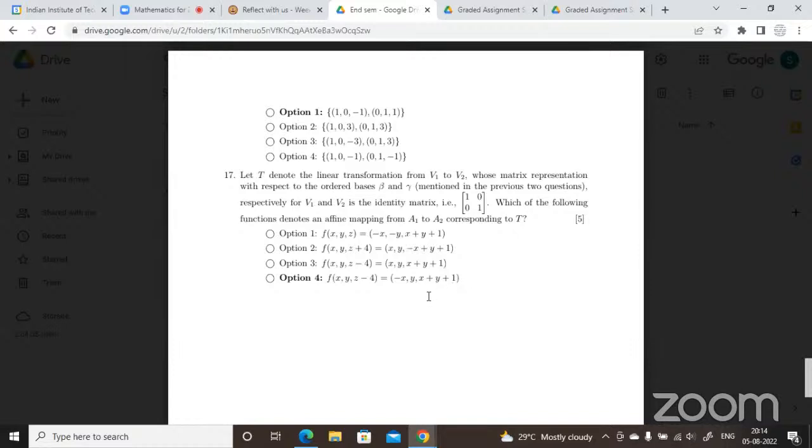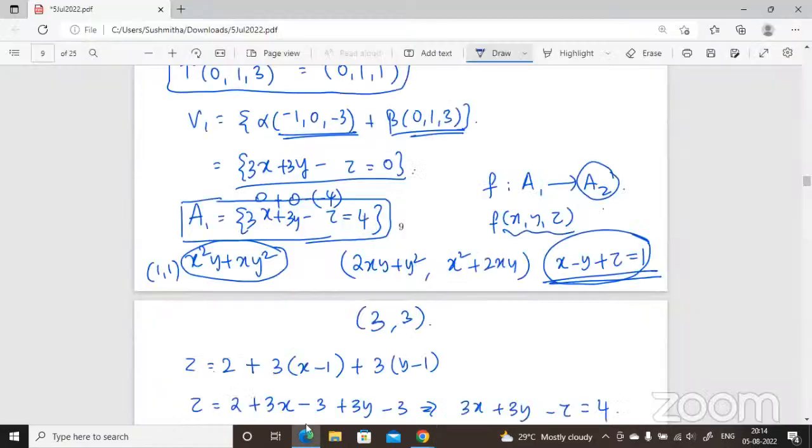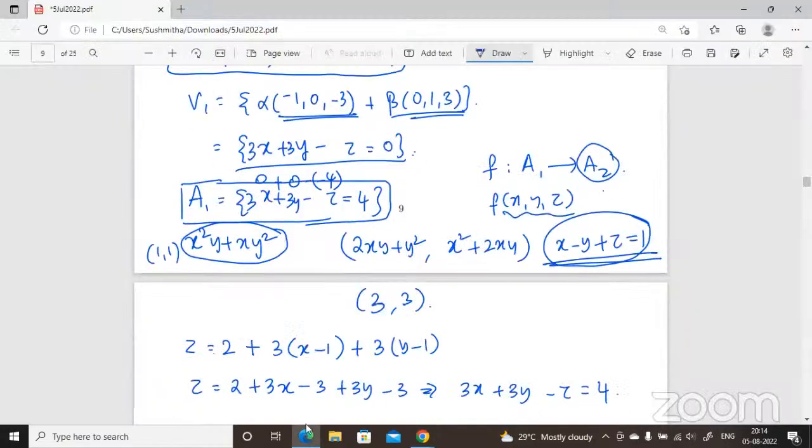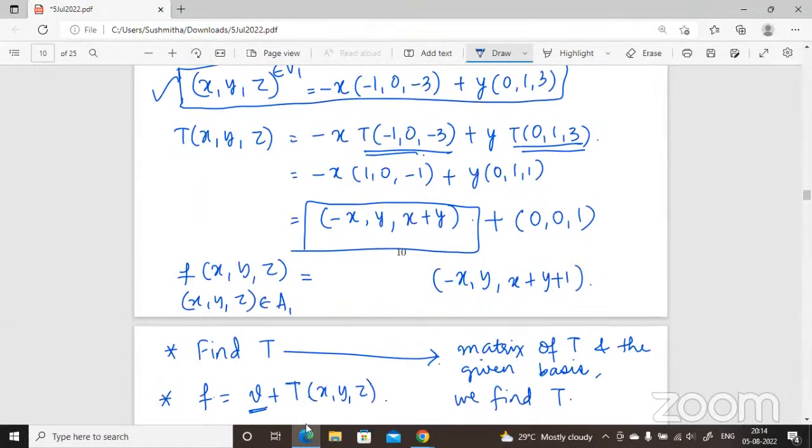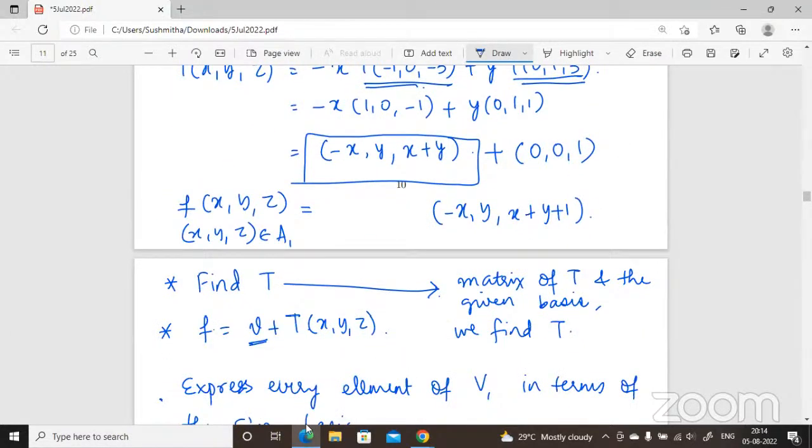Ma'am, the formula for an affine mapping from A1 to A2 says that f of v plus v prime is equal to w plus the transformation of v prime, where v and w are the points where we are shifting that subspace to. So here the point is not given.